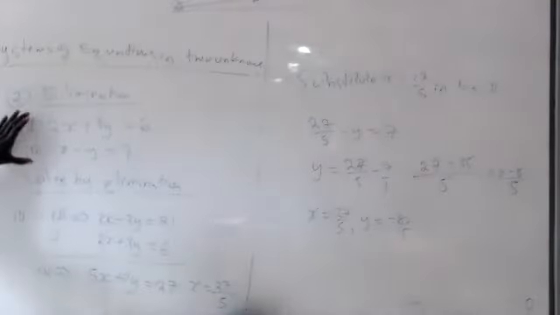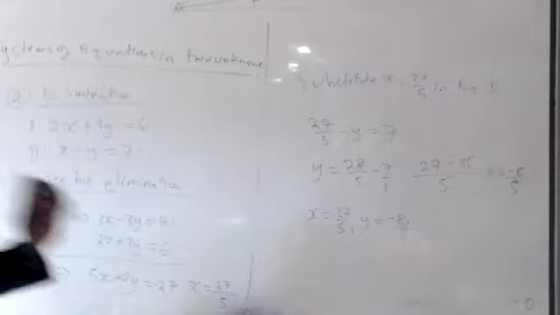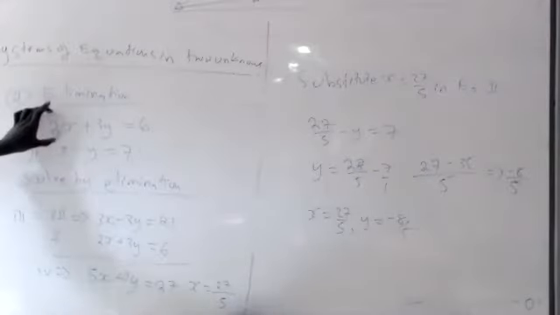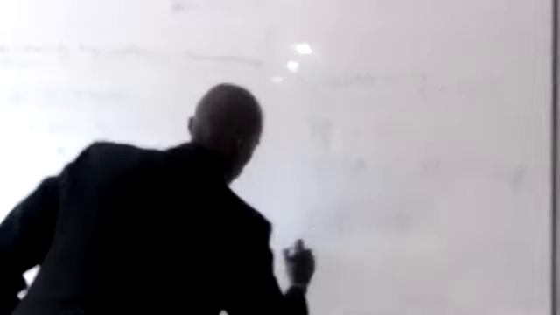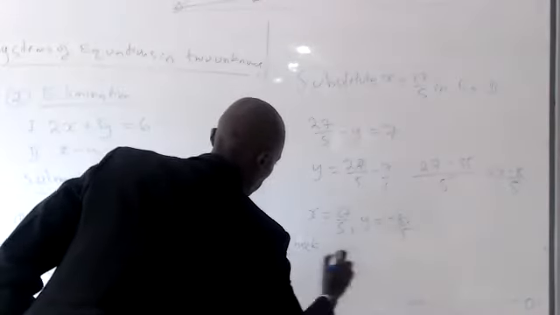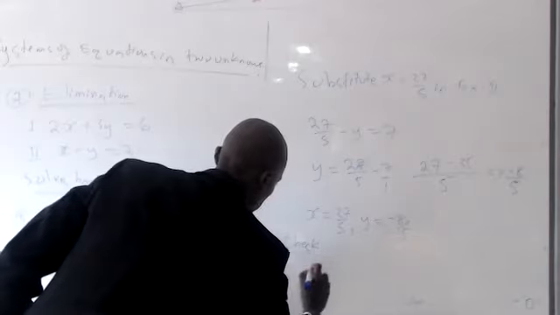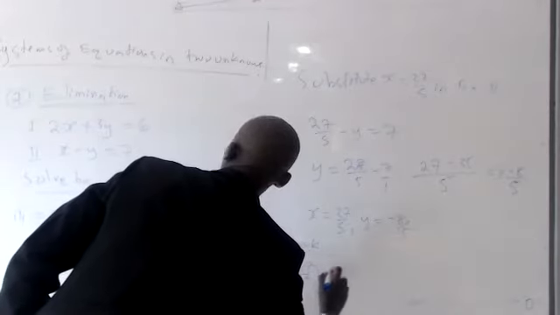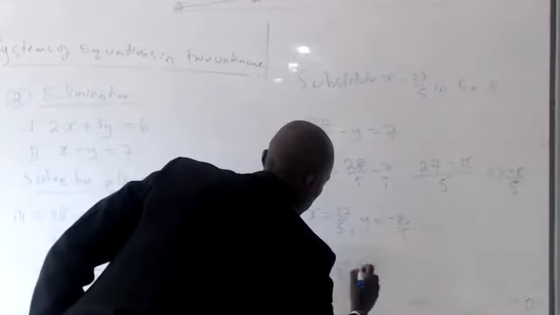Is this a solution to this system? We want to check if this is a solution to this system. So check the first equation, if 2x plus 3y is 6. Now checking 2x plus 3y.